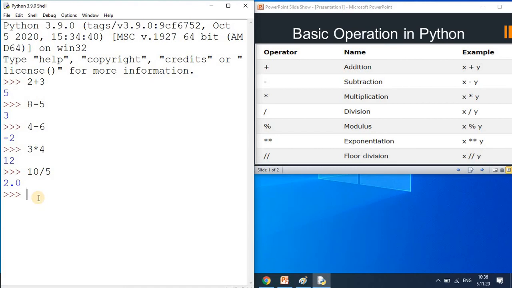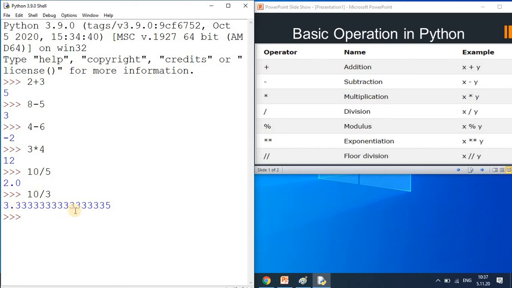So that's why by default in Python there is a decimal value. Suppose I write 10 divided by 3, you see the answer coming as a decimal. In division there is no surety we get a whole number, what in mathematics you can call a natural number. That is the reason we are getting the decimal value here.